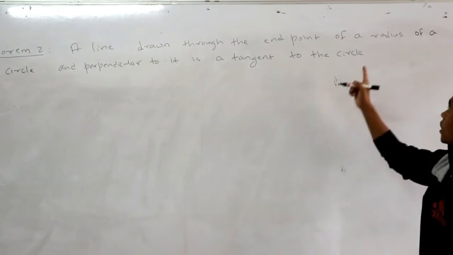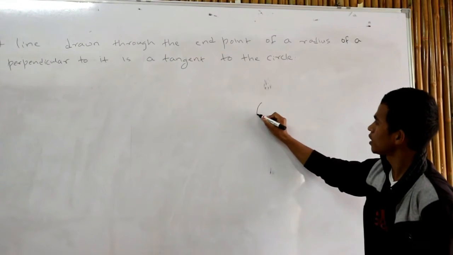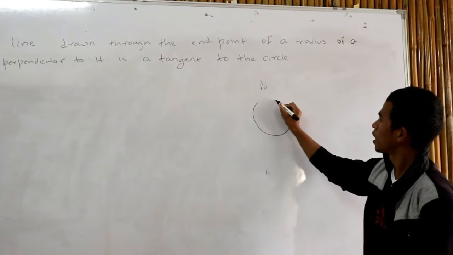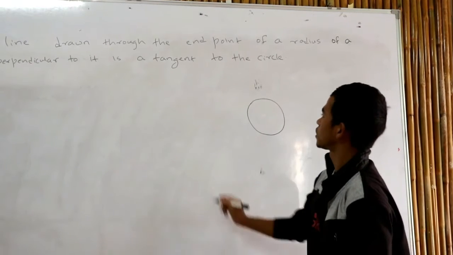Now, we are given a circle, so first of all we will draw a circle and a tangent, or a line which is drawn.